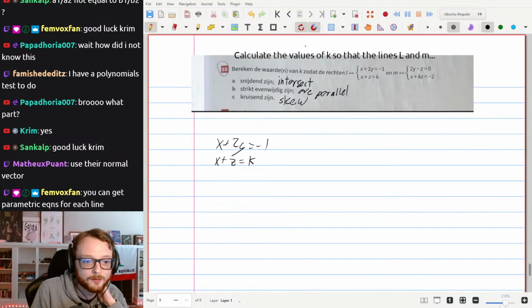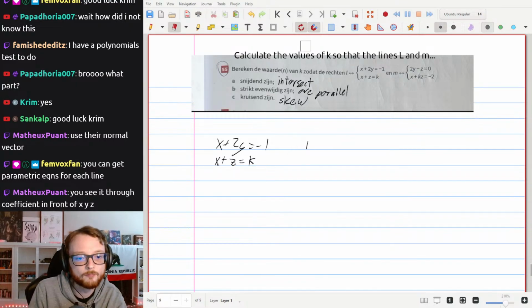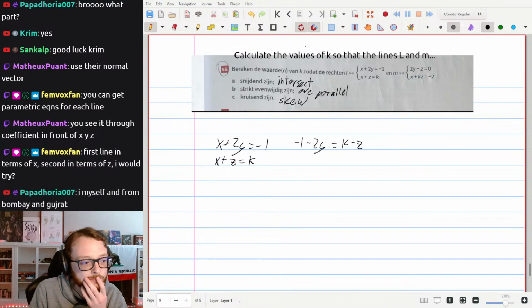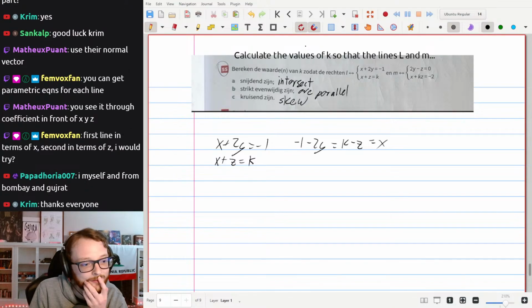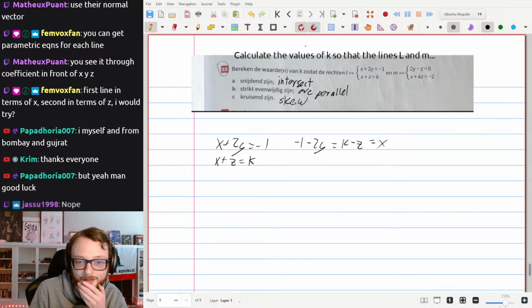Seeing like we can get y equal to z in some way, shape, or form. Isn't this more like a plane? Is it supposed to be a plane? No?